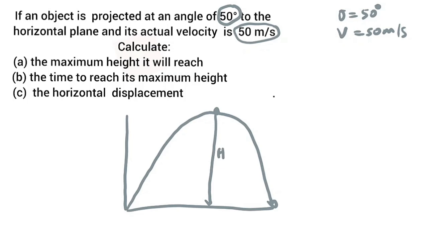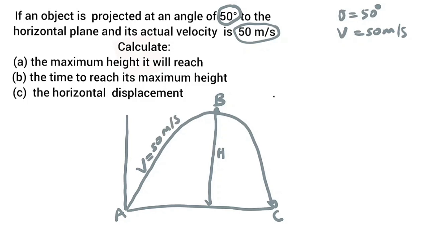Then let us put the points here. Say here it's A, the maximum height it is B, here it is C. This is the object. Say the velocity here is 50 meters per second.